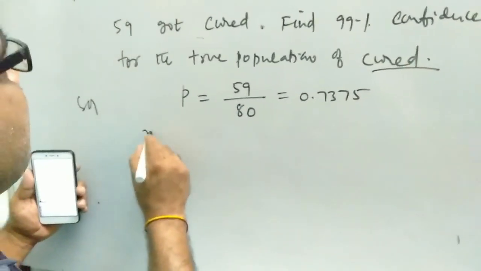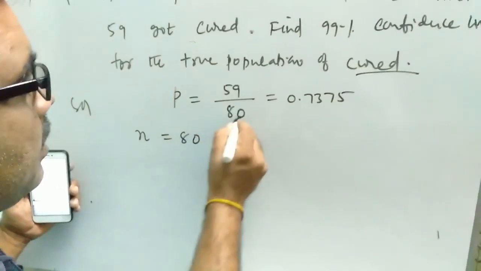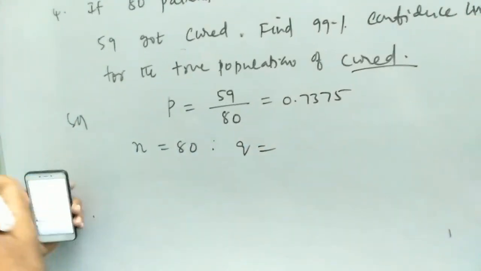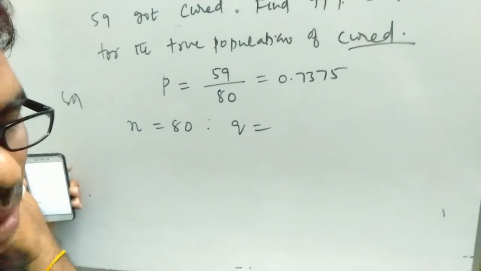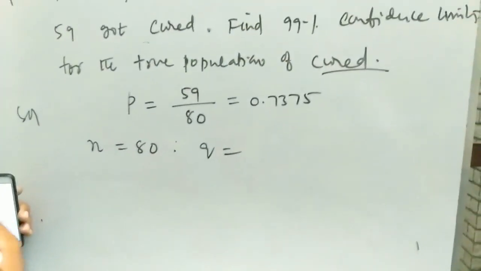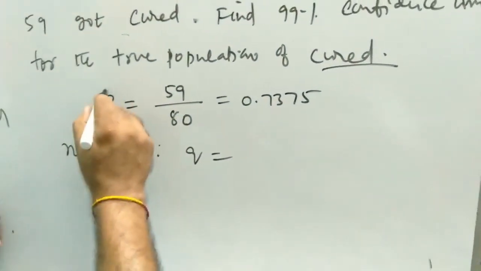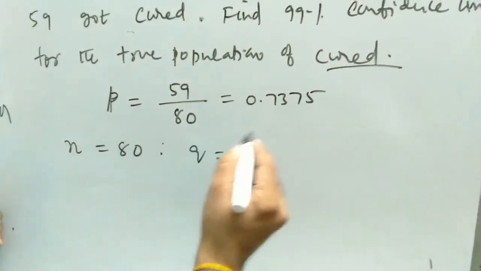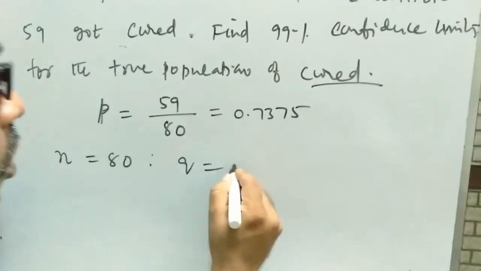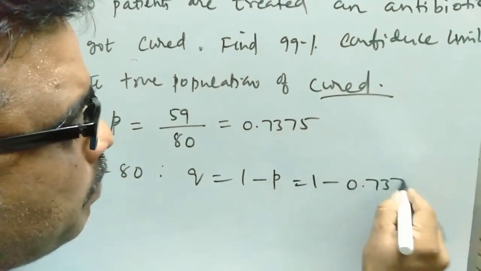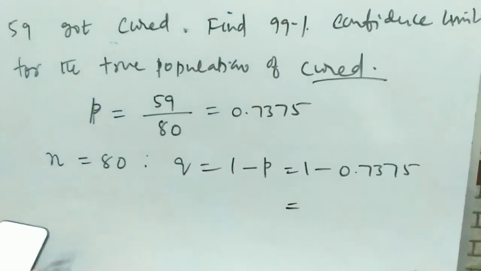Here n is equal to 80, the denominator value, and q. Here we are estimating the true population proportion, so we don't have the values of capital P and capital Q. We are using small p and small q values as a substitute. So q is equal to 1 minus small p, 1 minus 0.7375.